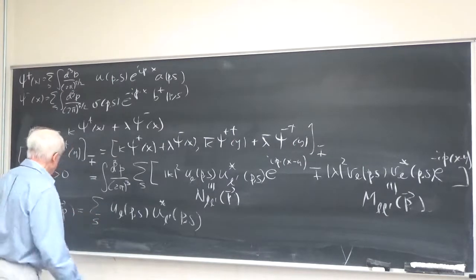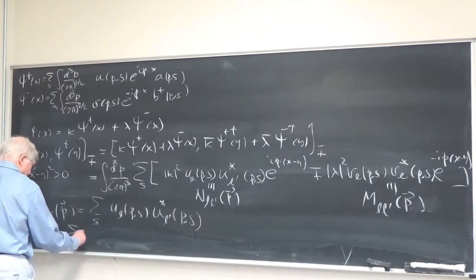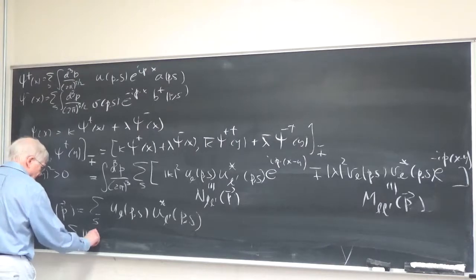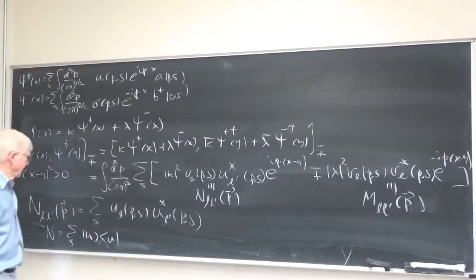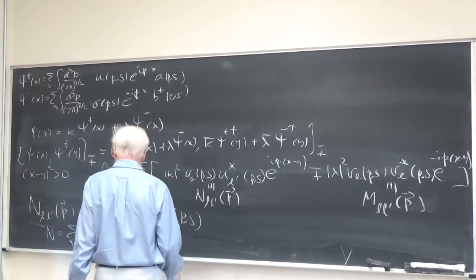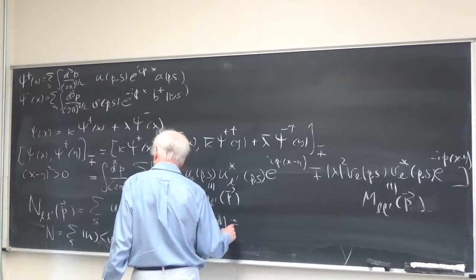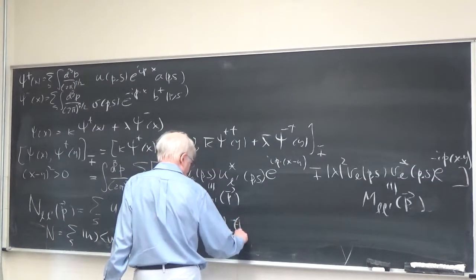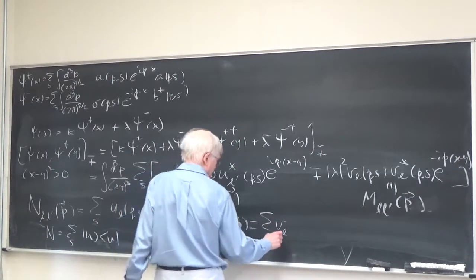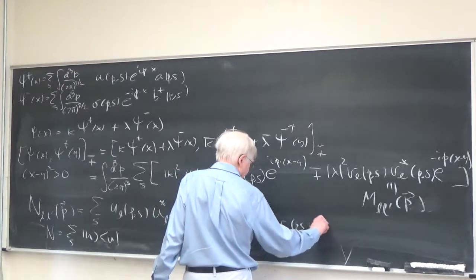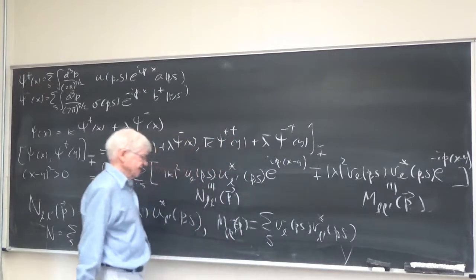In other words, N is a sum, so to speak, of u looking like that. And similarly for M. So M is the same thing. M_ll' of p is the sum over s, but now it's v_l of p and s, v star l' of p and s, summed over s.